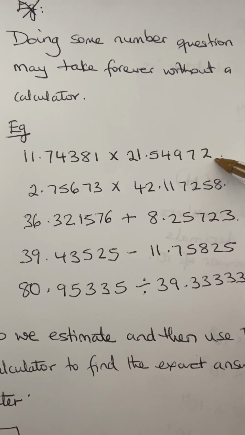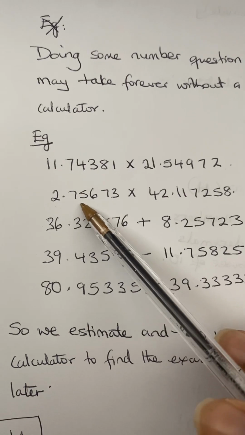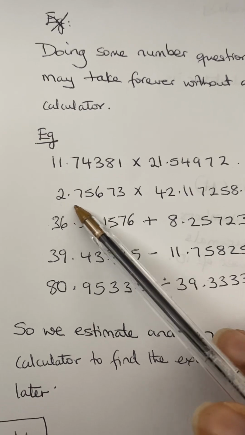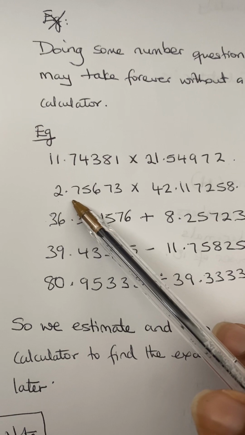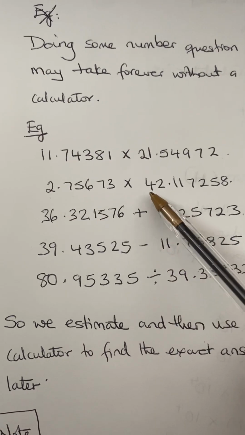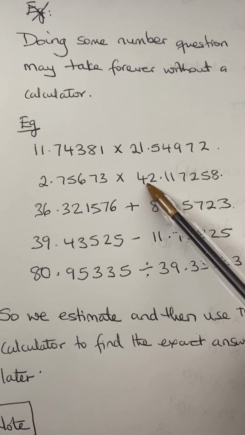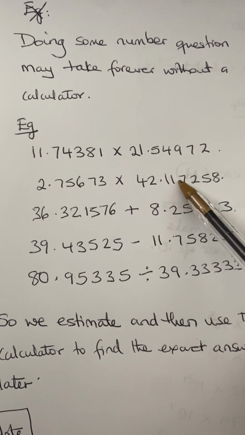200. Okay, this part here, 3.7, if I round it to one decimal place, it will give me like 3. This will be 42. So this will be 42 times 3.